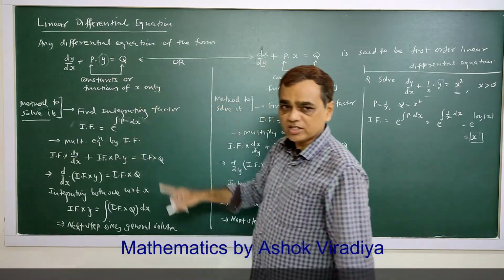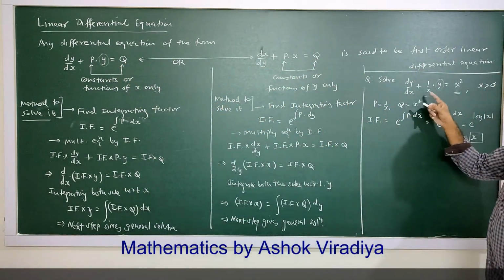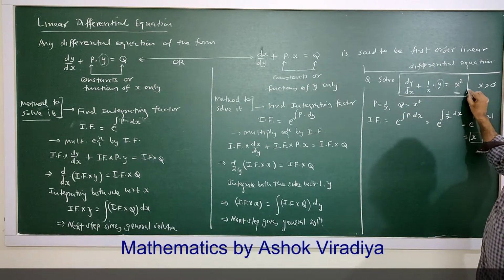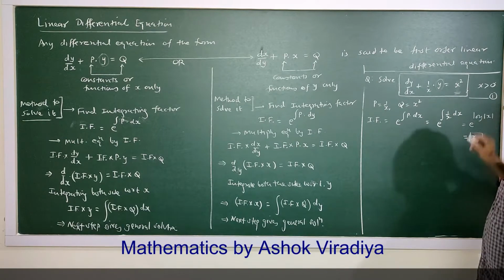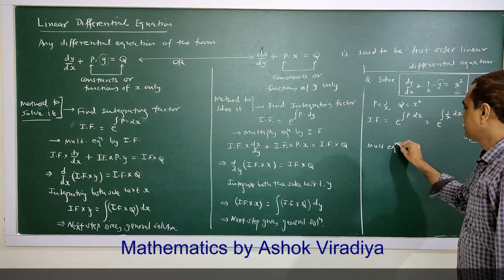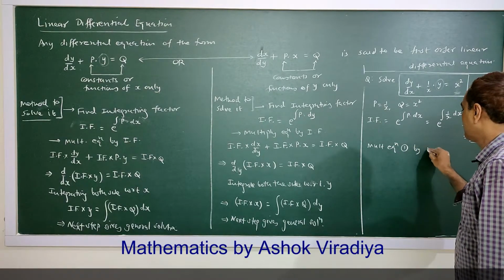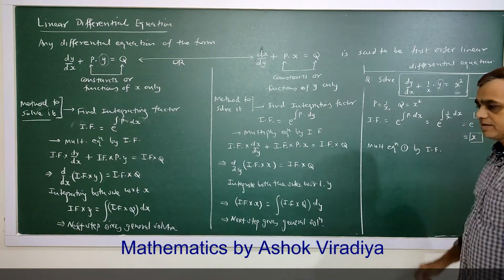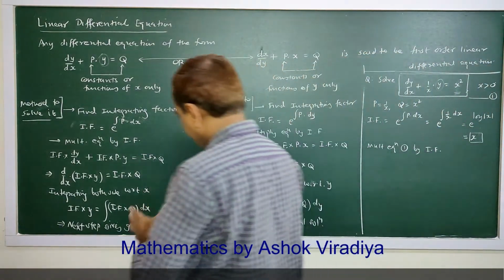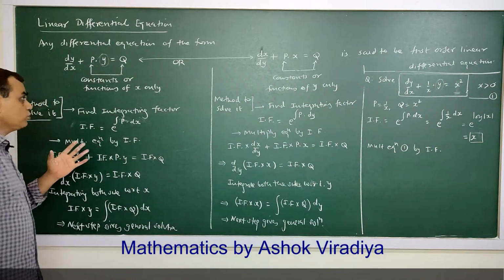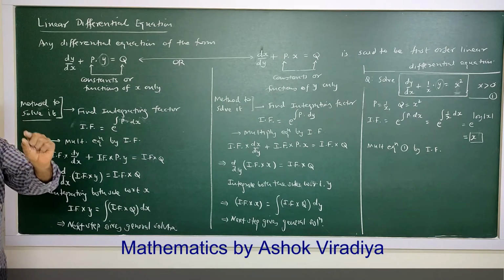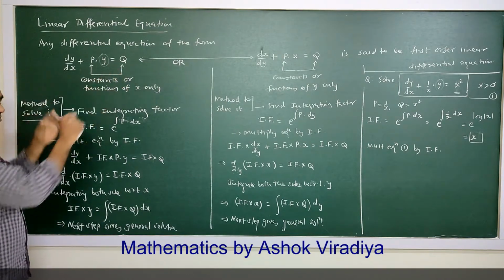So this equation, I am multiplying by the integrating factor. I say it is equation 1. So multiplying equation 1 by the integrating factor. So remember, whenever you perform this procedure, whenever you take values of P and Q, the equation must be exactly in this form.